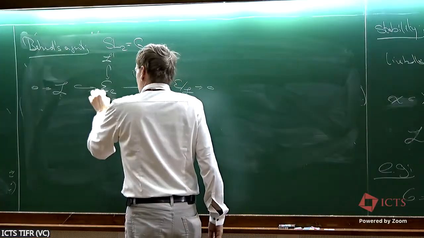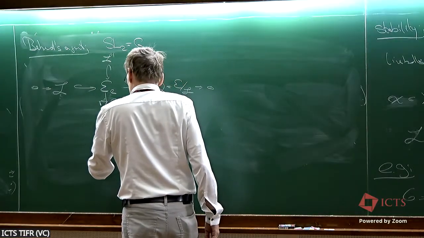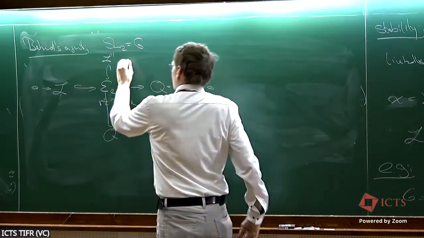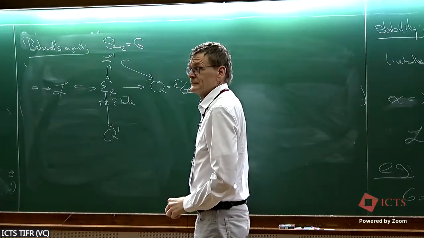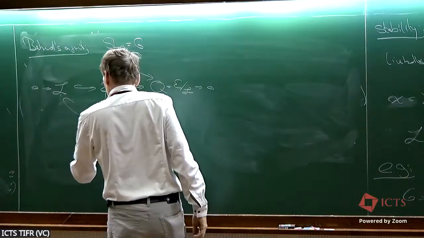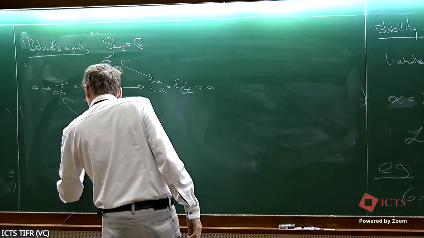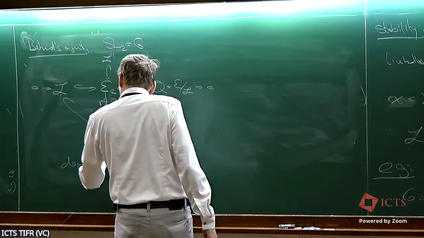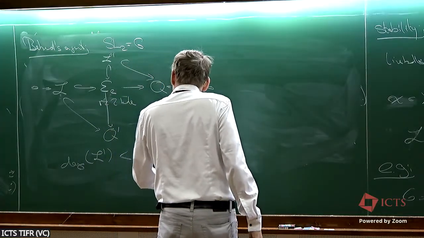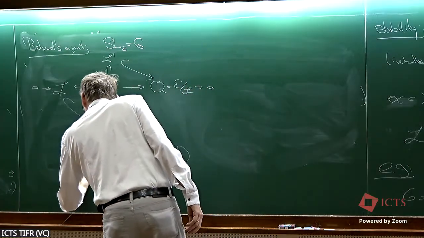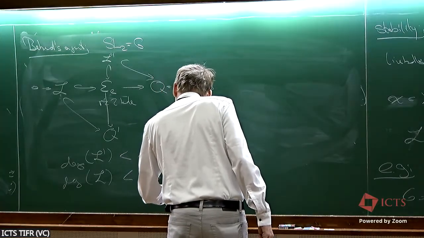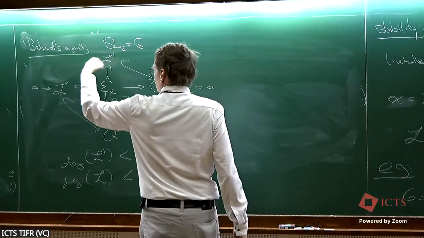Because if you take any other subbundle, well, it's a different line bundle, so it injects here. But this degree is negative, so this degree has to be negative. Even worse. So what you get is that the degree of this L is smaller than the degree of the quotient Q. They are different, so they're distinct at the generic point.